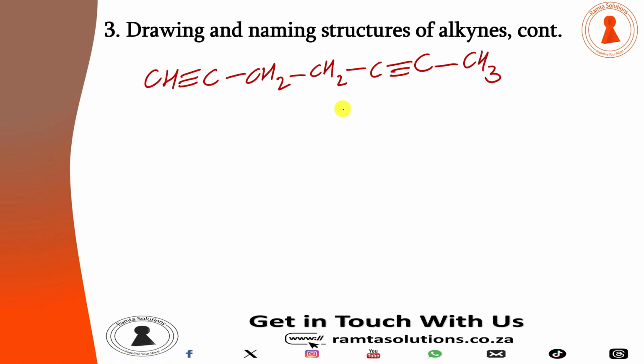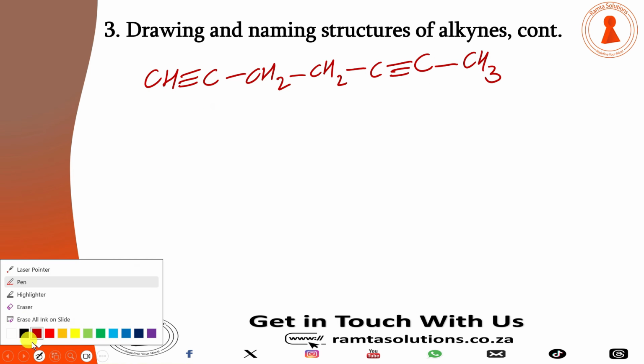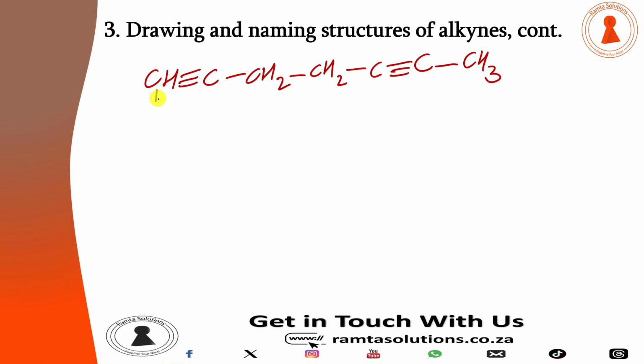Remember, you start numbering with the end nearest the triple bond. 1, 2, 3, 4, 5, 6, 7. Interesting, but 2, or 1, 2. Then it means we must start numbering from the left, so we go 1, 2, 3, 4, 5, 6, 7. This is perfect.